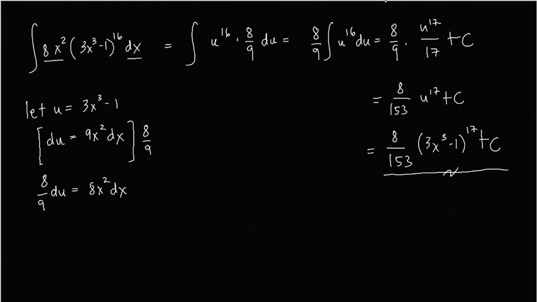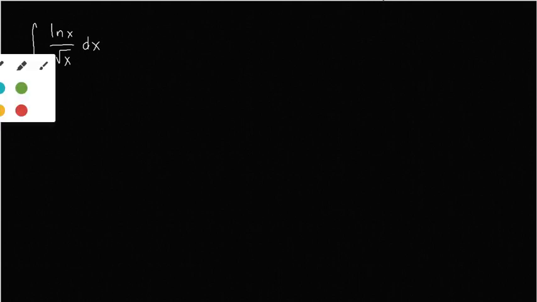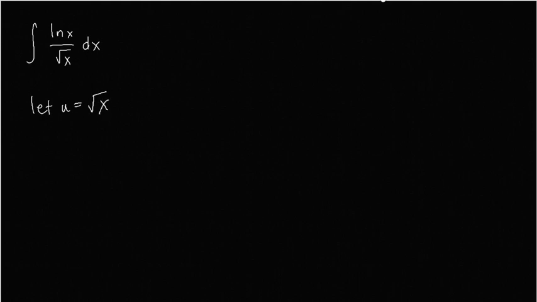Let's proceed to our next problem, problem number 8. So this is the integral of ln of x over the square root of x dx. So we will let u equal to the square root of x, hoping that our equation will be reduced.